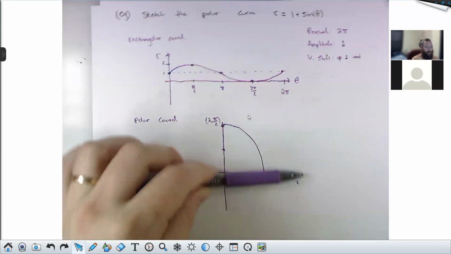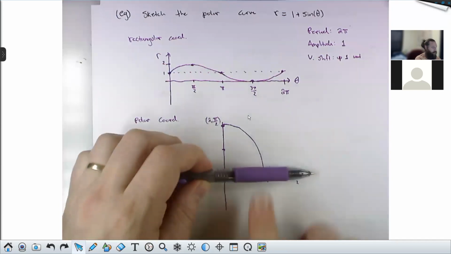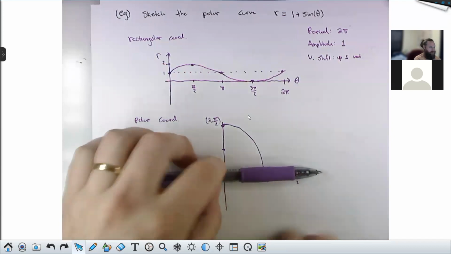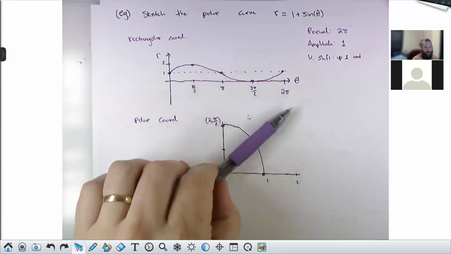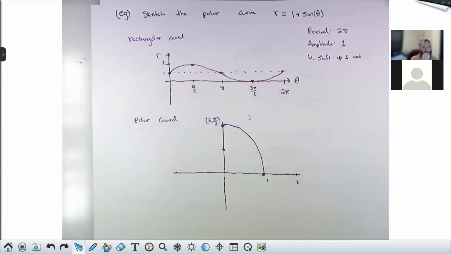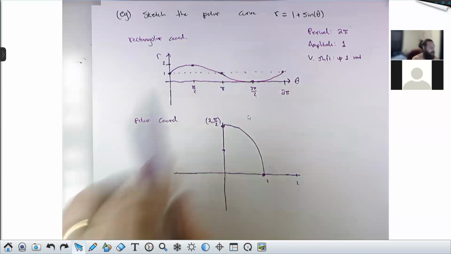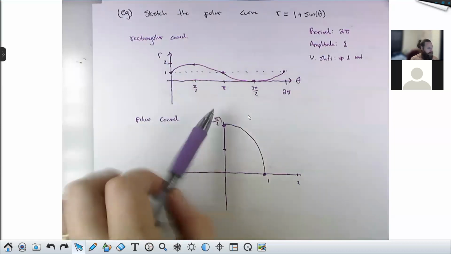And watch, as I rotate this pen through, you'll see the intersection point with the pen marching outwards from distance 1 to distance 2, getting further and further out along the pen till here. Now r is at its maximum, which is 2, and that's occurring when theta is pi over 2.